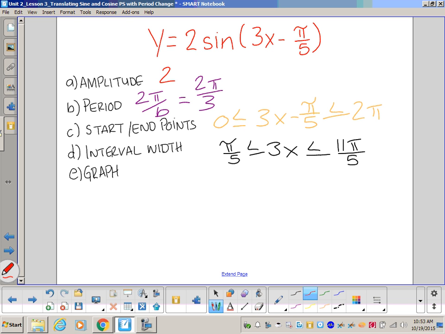And then I'll divide everything by 3. So when I divide by 3, it's the same as multiplying by 1/3.